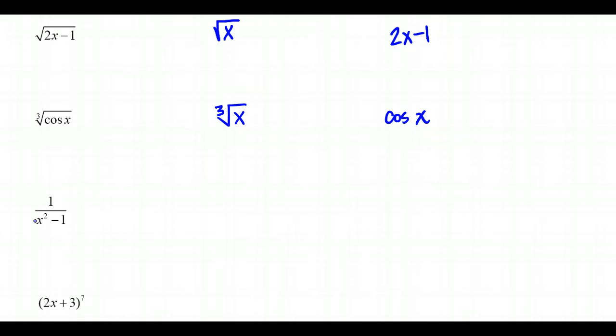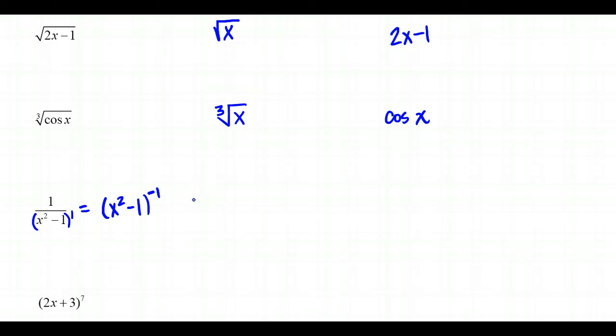So x squared minus 1 in the denominator is a quantity, and that quantity is being raised to the first power. So what I can do is rewrite this by bringing the entire quantity to the numerator, x squared minus 1, and changing the exponent to the opposite sign. So this is the same as x squared minus 1 to the negative 1.